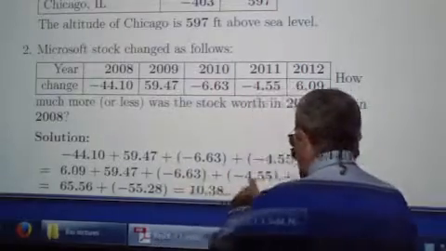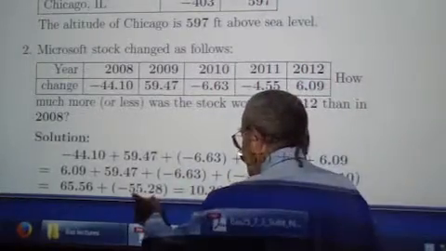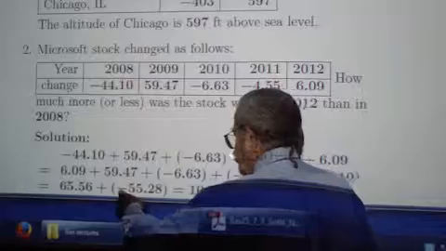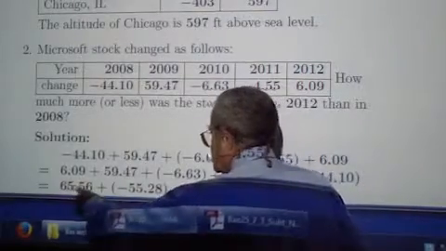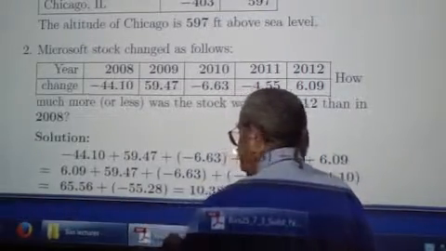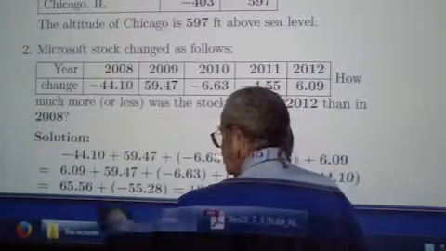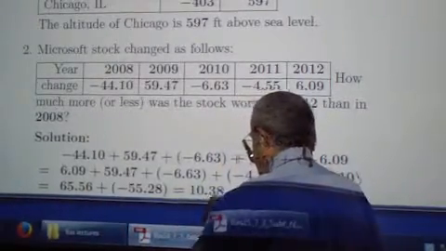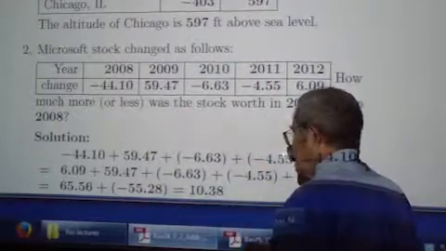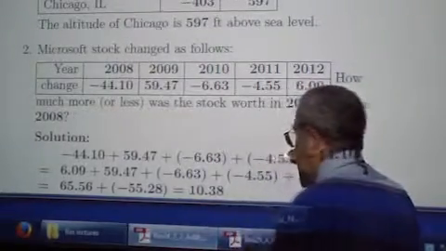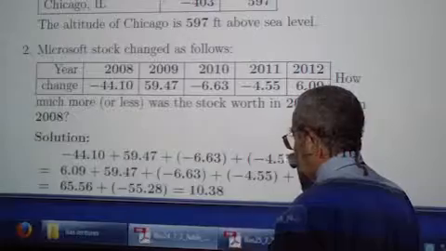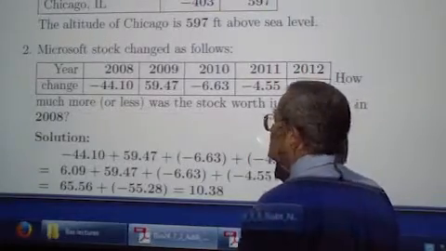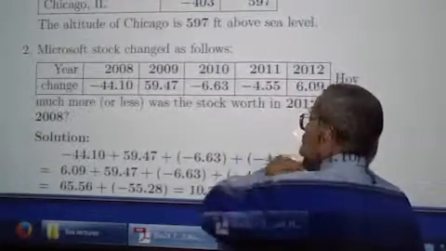You add the three negative numbers, that's 55.28. That has a negative sign. So you add the positive to the negative number, and you get positive because your positive is bigger, and you get 10.38. So the stock is $10.38 more at the end of 2012 than it was at the beginning of 2008.